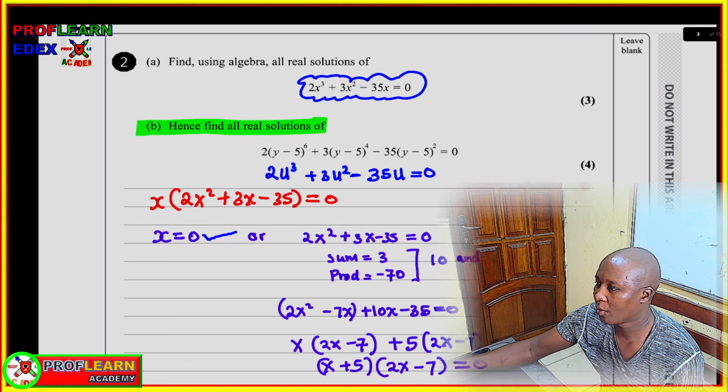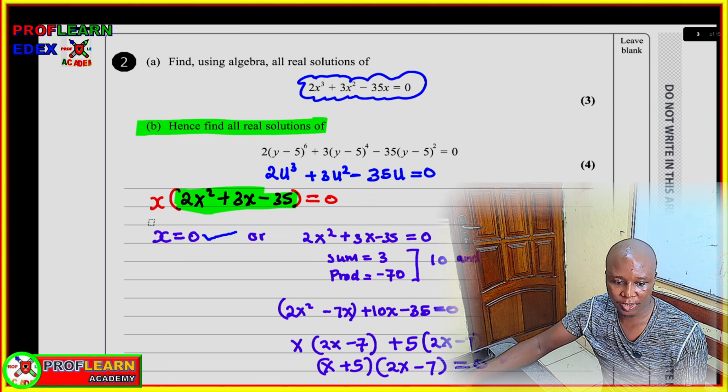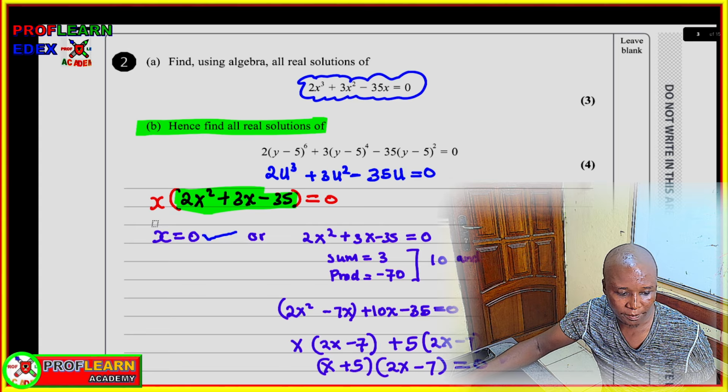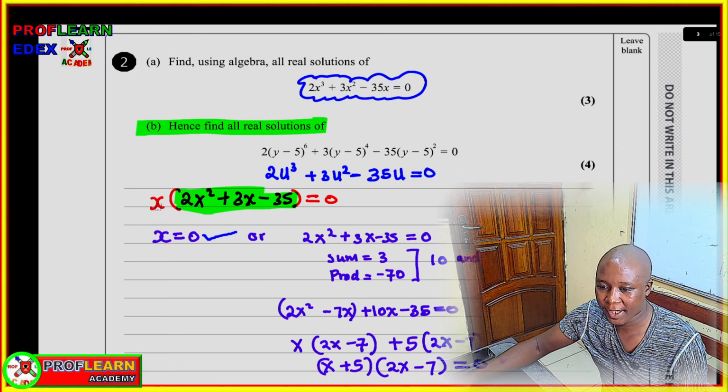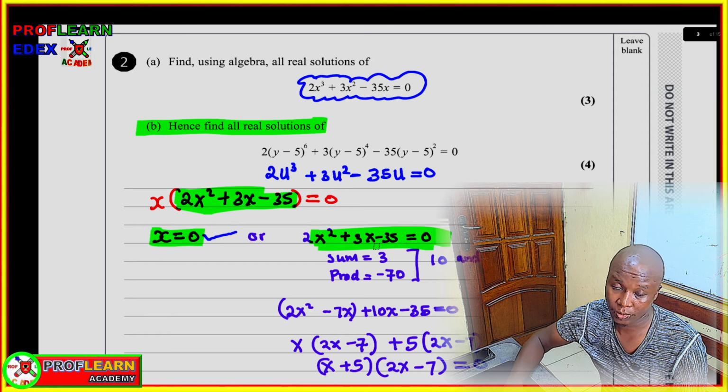Because I factored x out, it means x is going to be equal to 0, and also this quadratic that I'm having here is going to be equal to 0.